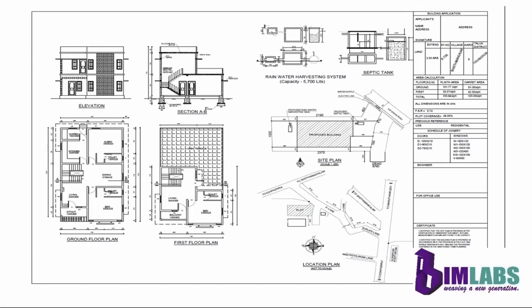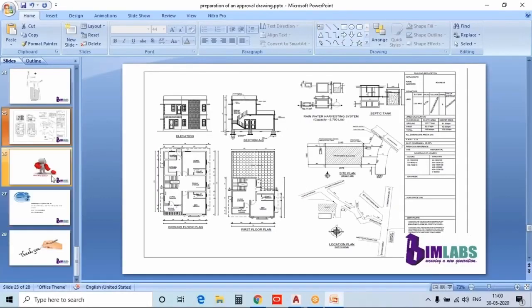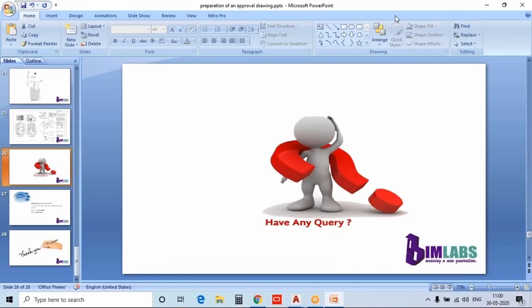And all these things make an approval drawing, and this is only one portion of getting a building permit. After making this approval drawing, you have to sign it, and then some land details, all those things you have to give to certain authorities to get the building permit. Okay, I think up to this portion it's clear. If you have any query, you can ask me now.